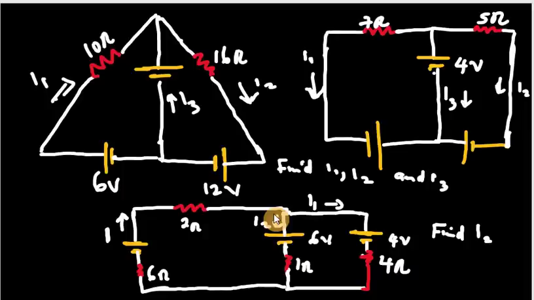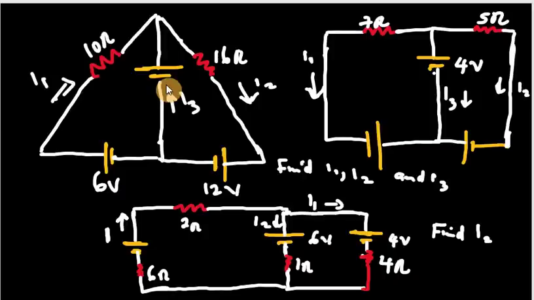In today's tutorial video, we shall be solving more problems on Kirchhoff's law. So in these diagrams, we have I1, I2, and I3 to find. These are currents. The current I1 flows through this 10 ohm resistor, and the current I3 flows into this.